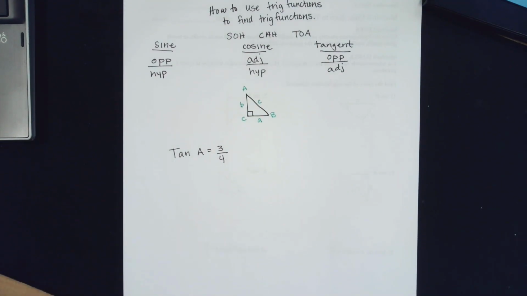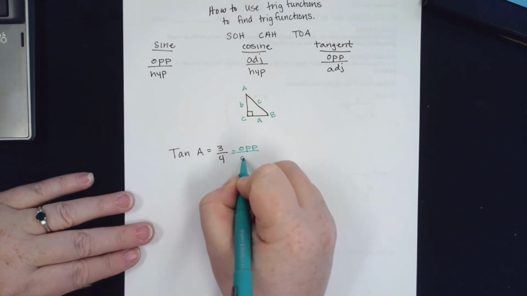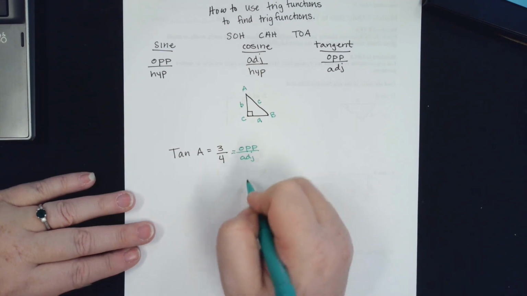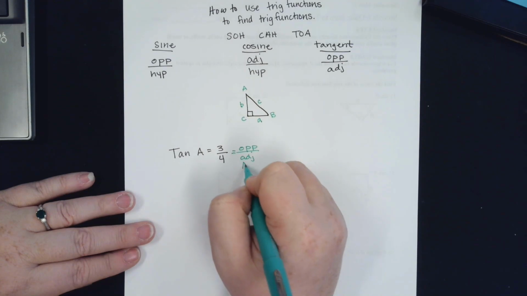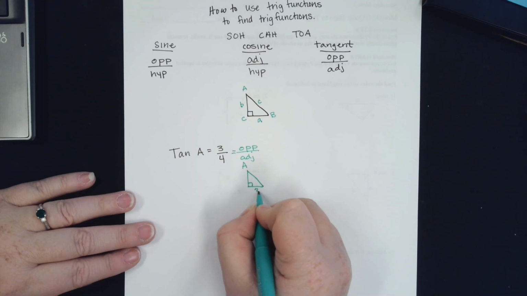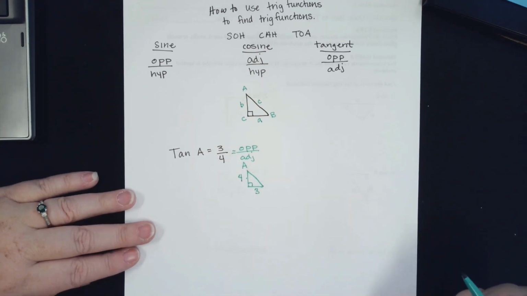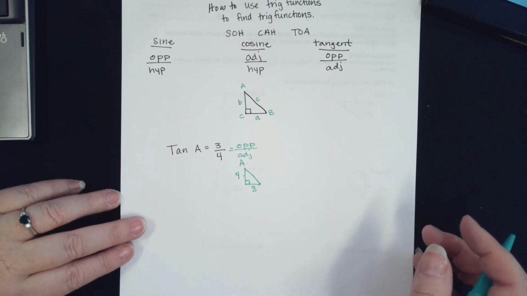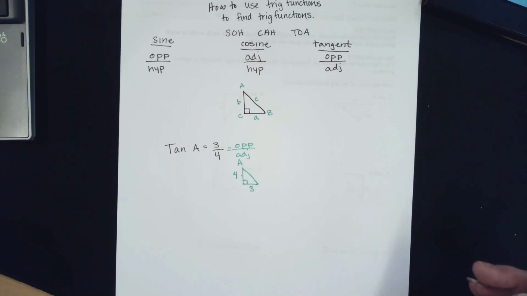That means that I have opposite over adjacent to angle A. So I'm going to draw a triangle and decide which one is my angle A. Opposite of angle A, that side is 3. Adjacent to angle A is going to be 4. So I have 2 out of the 3 sides. Now, I want to find something else. I can find all of the other ones based on this one.